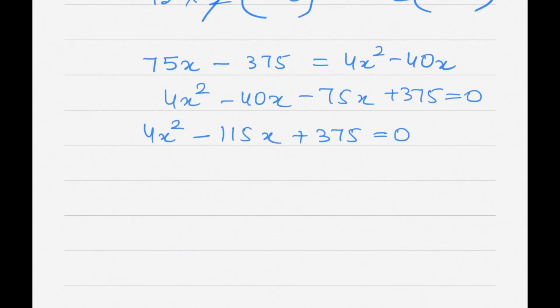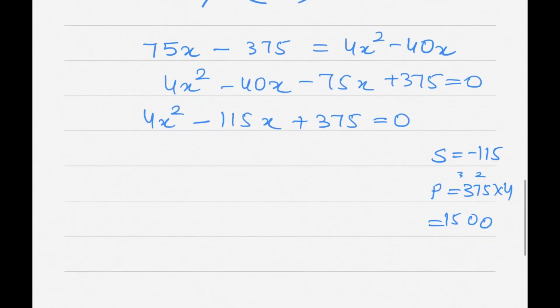Okay, so I have got a quadratic equation in the form of ax square plus bx plus c. So now let's solve it. Here my sum is minus 115 and my product is equal to 375 into 4. So this product is equal to 1500.